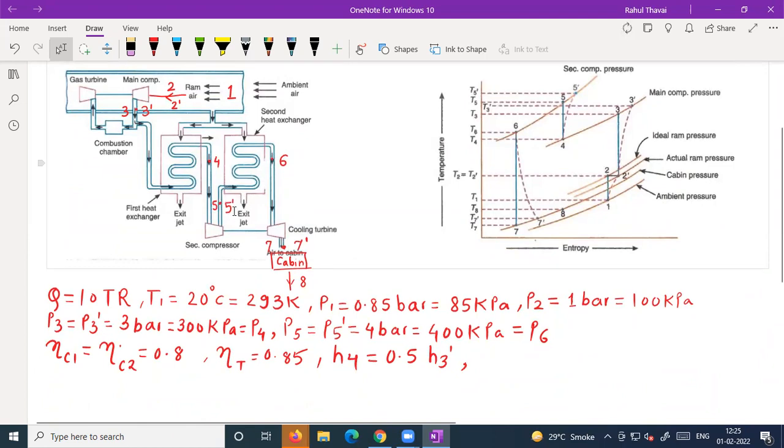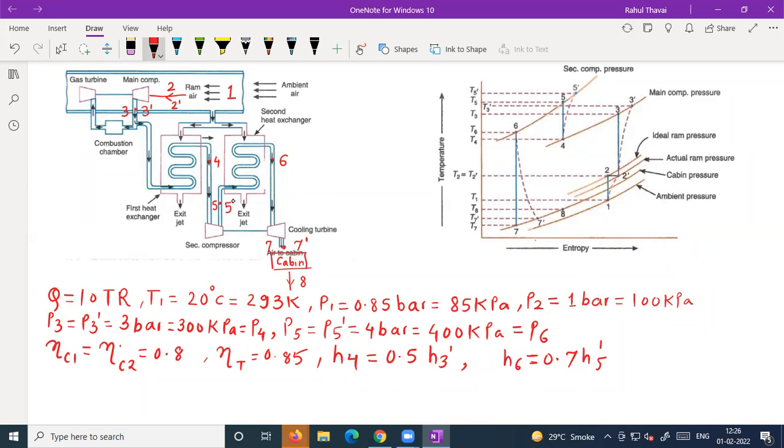H5 dash was available, and out of H5 dash, 30% was removed. So how much is remaining? 70% is remaining, and that will come at point number 6.